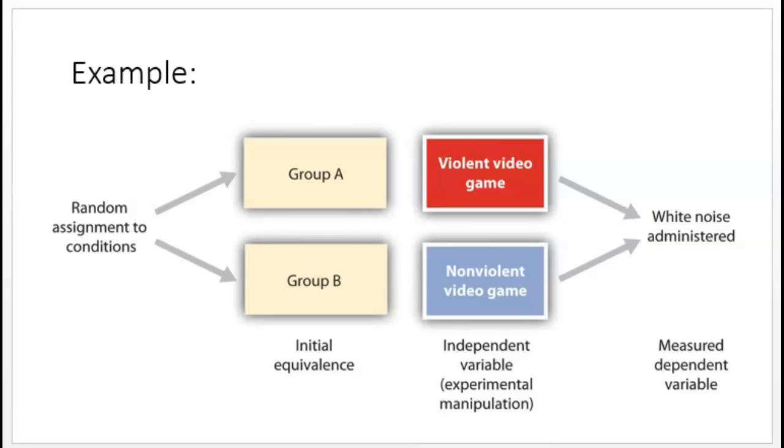You have one group play violent video games, and then you have the other group play non-violent video games, and then during either that game or another game, you give them the opportunity to hit people with white noise through the headphones, like in some other game where you can snipe people with white noise, and you see whether or not people who play the violent video games are more likely to hit people with these white noise blasts than people who play the non-violent video game.